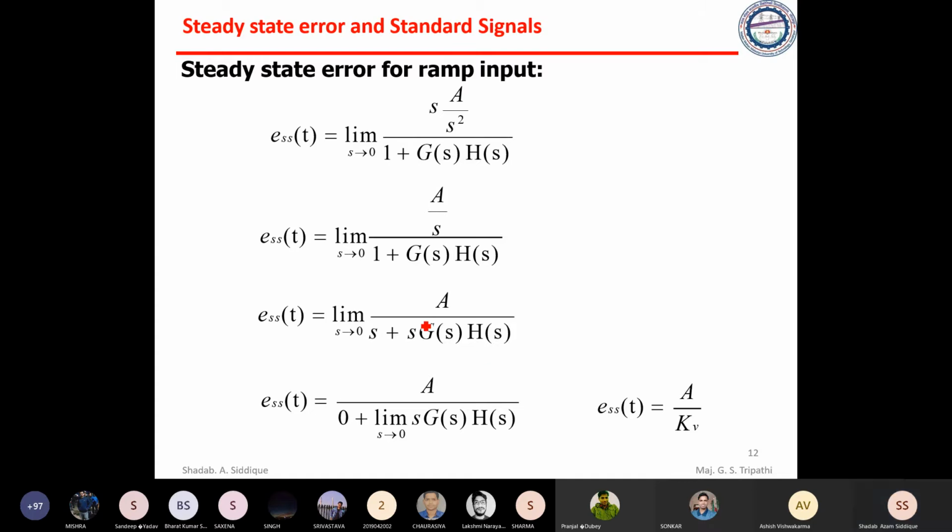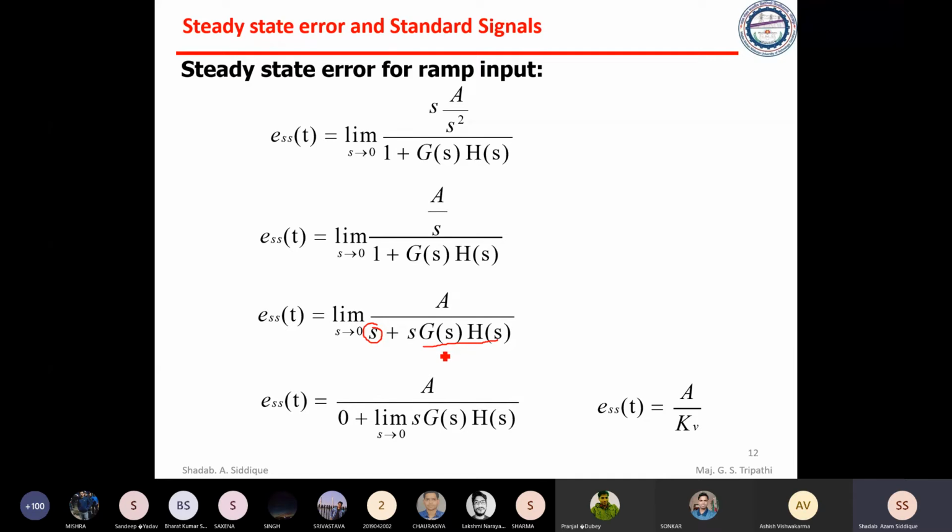But here the term with s has G(s) H(s), a function of s, so there is a chance that this s can be cancelled, and this term will give a finite value, meaning some constant value, not 0.